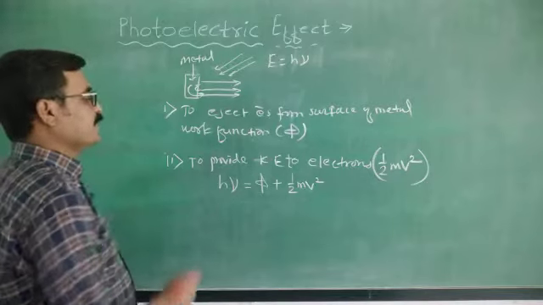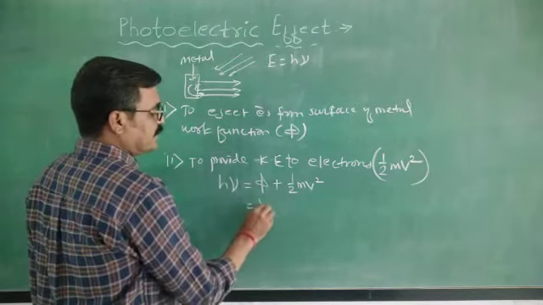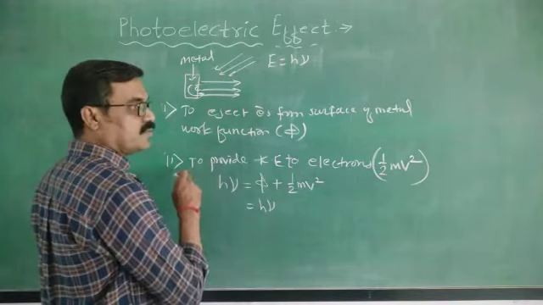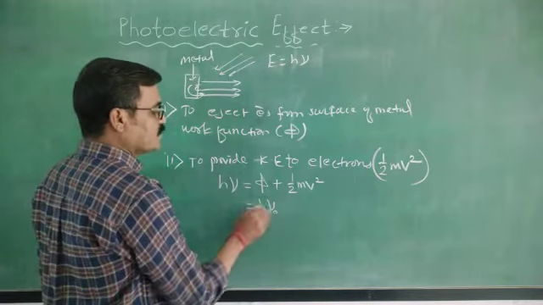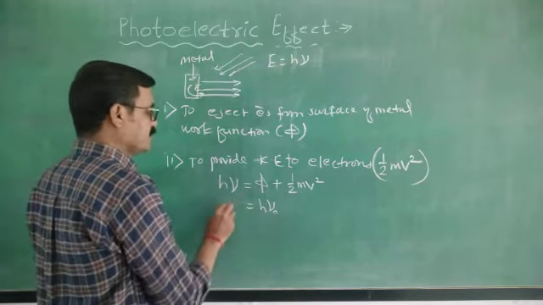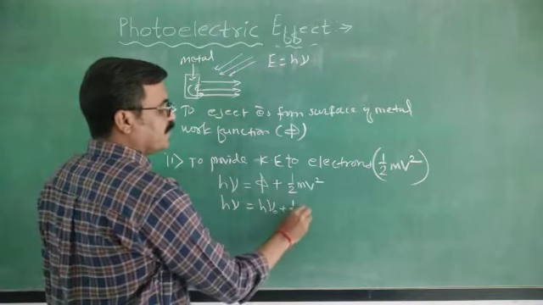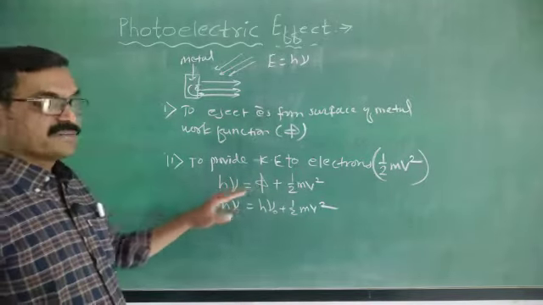But again, this phi is nothing but energy which is required to eject the electron. That's why it is also equals to h nu 0, because it is energy. Okay, now plus half mv square as it is. Now it is a work function. What is the work function?